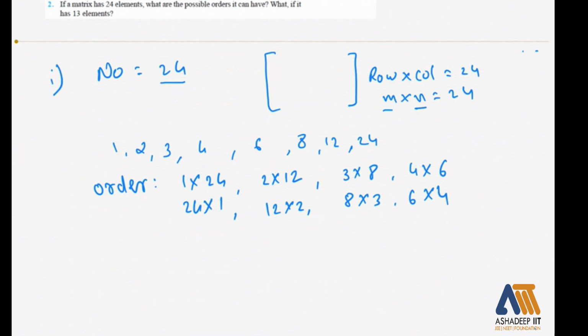Next, second, if the number of elements is 13, again we factorize the number 13, then factorization is 1 and 13. So, in this case order should be either 1 cross 13 or 13 cross 1.